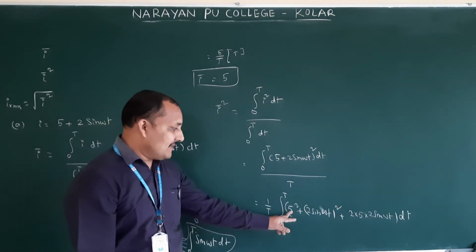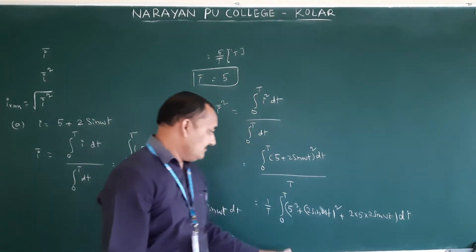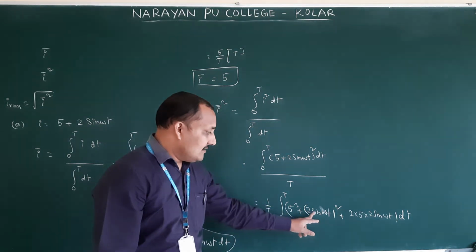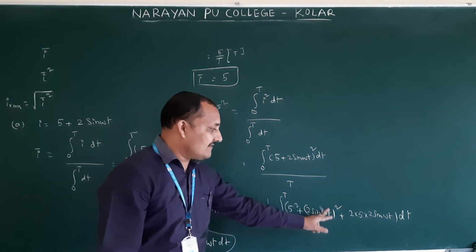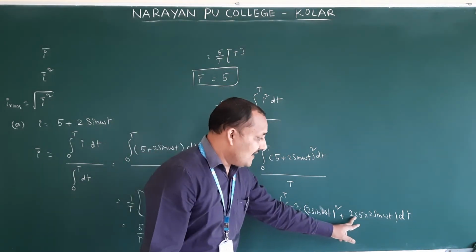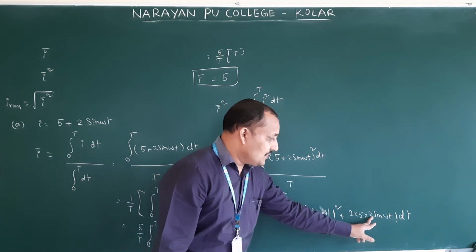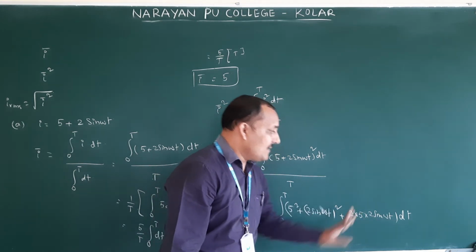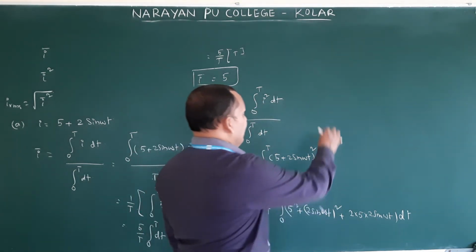So now multiply 1 by 1. 5 square dt. Next 2 square means 4, 4 sin square omega t. Next 5 into 2 is 10, 10 into 2 is 20, 20 sin omega t. Just you can expand 1 by 1.